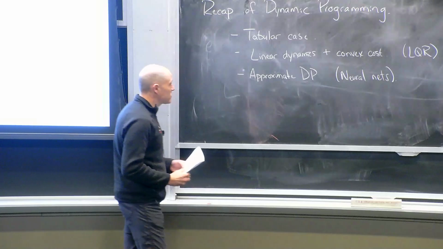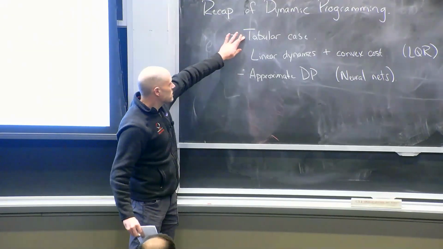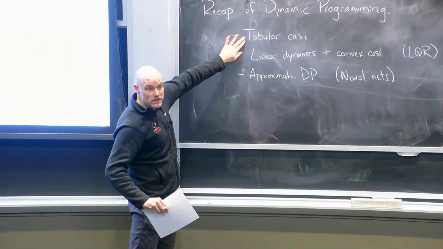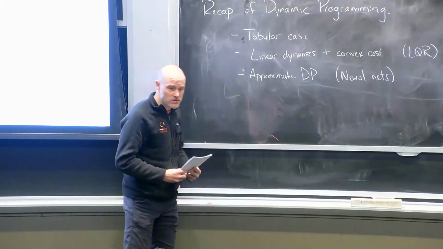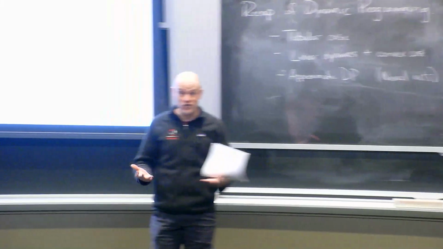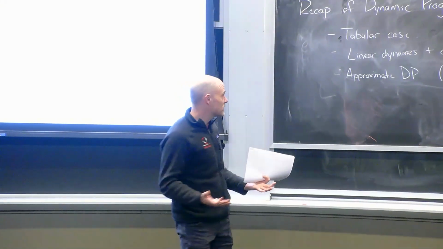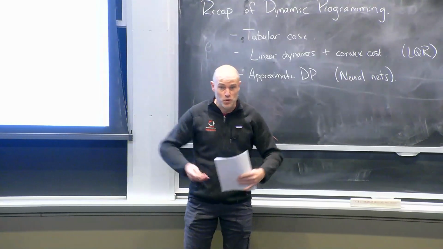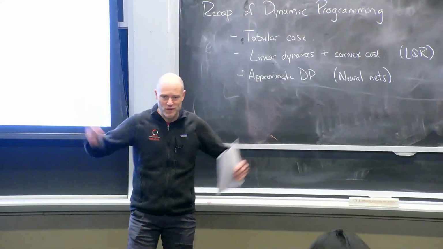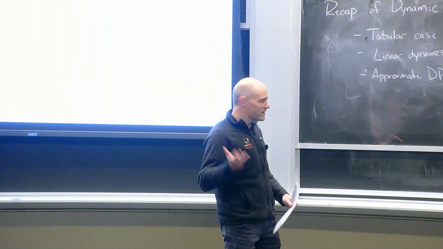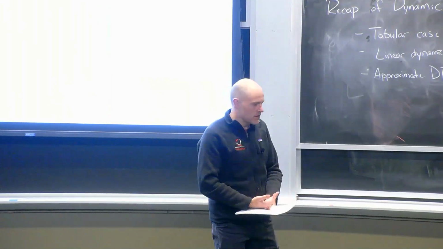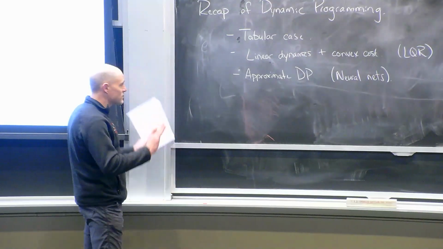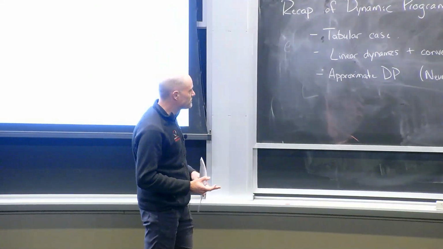And the hope, of course, is that, for the tabular case, if we're trying to make discrete approximations of continuous systems, then the naive discretization just doesn't scale to very high dimensional cases. The linear dynamics scales beautifully to incredibly high dimensional systems. We can solve underactuation everything, okay? But it only captures a linear approximation of the dynamics, which is great for some part of the state space, but doesn't solve the whole problem.